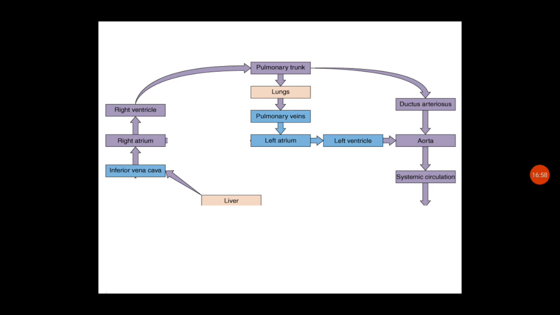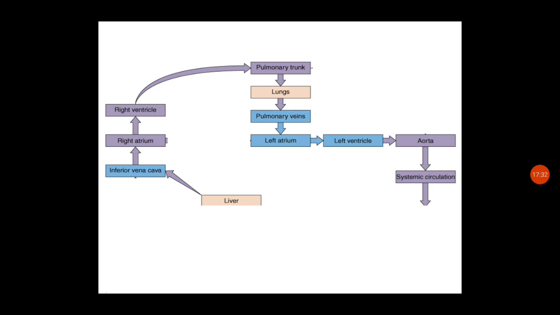The next change is the pressure differences and the volume change, and also the oxygen amount in the circulation increases when respiration starts. When the child starts breathing, the oxygen content in the blood increases, and this will cause the ductus arteriosus to become atrophied.